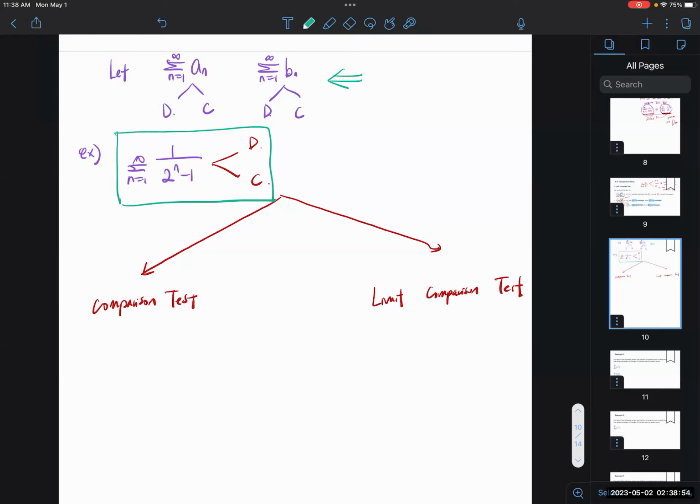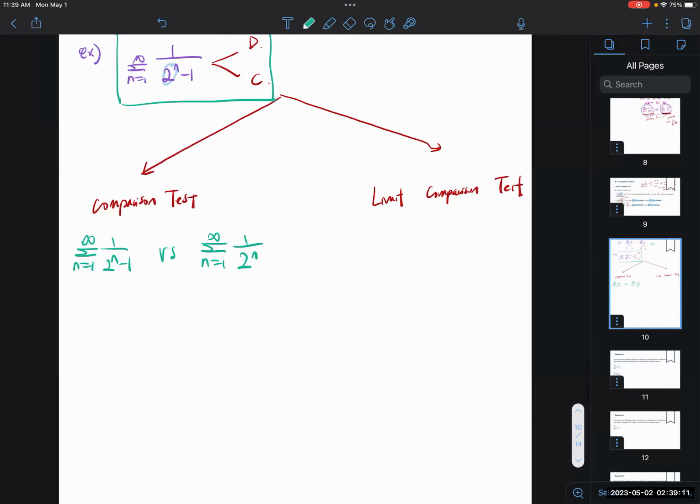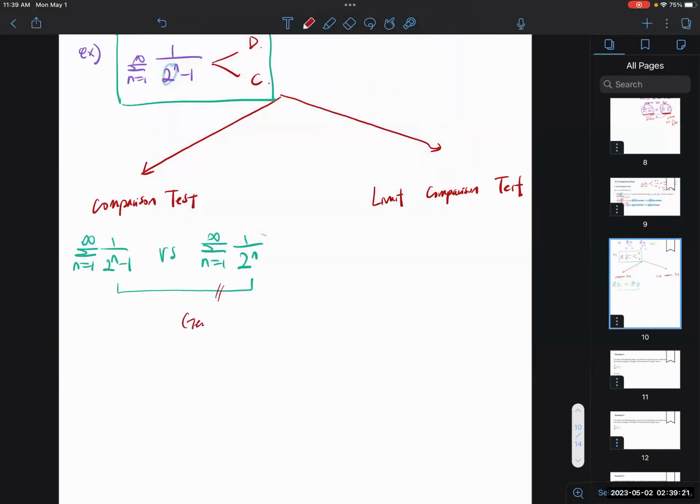So automatically, you might be thinking comparison test. So you are going to compare this one versus 1 over 2 to the n, right? Because you're going to use the first term. And I know, if you compare these two, the right side is always larger. And then you automatically feel this is a geometric series, right?